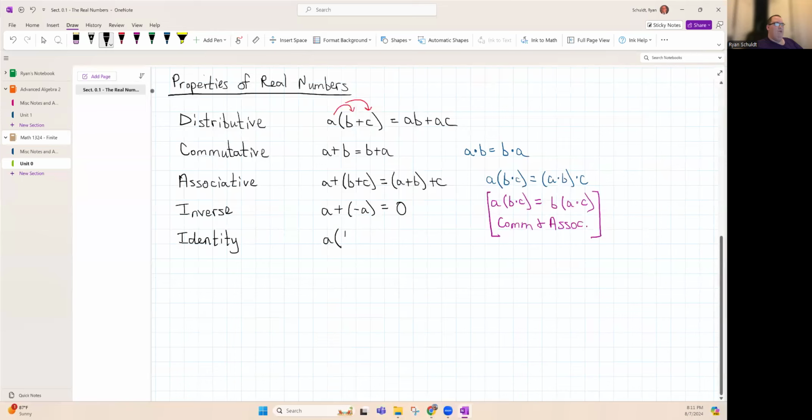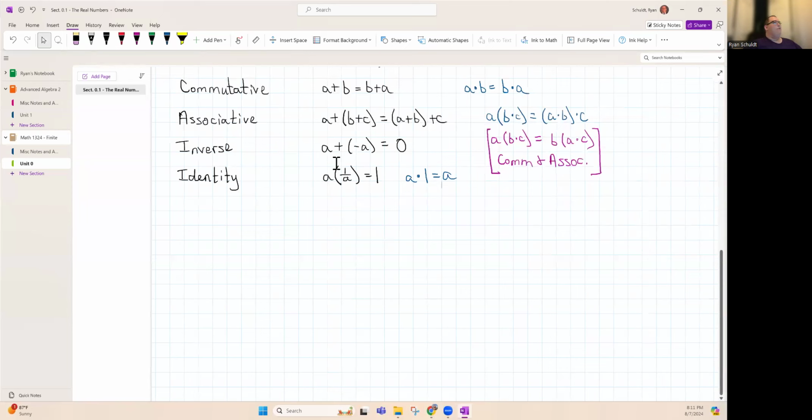A times 1 over A is equal to 1. Or another way you can end up saying that is A times 1 equals A. That's the identity property. So those are your properties of real numbers.